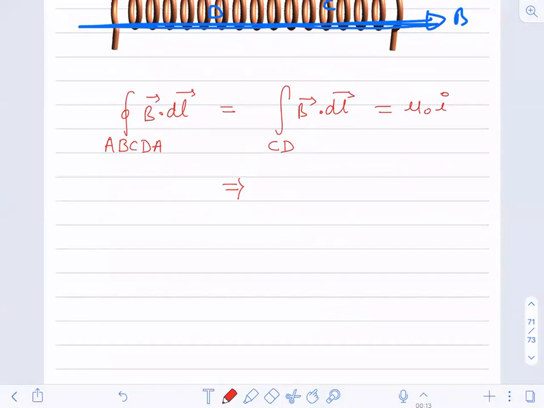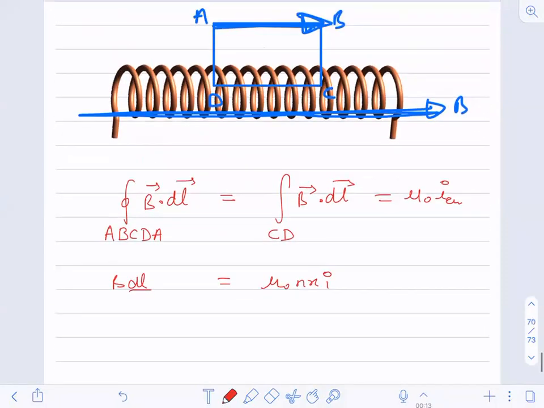What is the current I enclosed in the loop? Just now we have calculated. It was mu naught n x I. So B dot dl, B dl, okay? What is the length of dl?